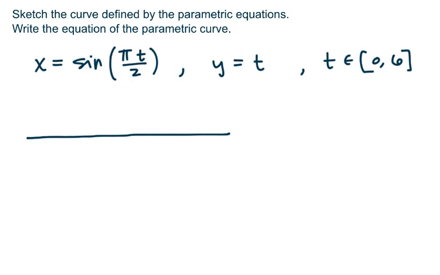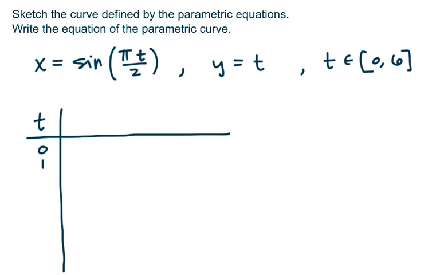Okay? So in my table, I'm going to list t values. The t is coming from my parameter, and my parameter t goes between 0 and 6. And I can choose as many values as I want between 0 and 6. Choosing more values may help you create a smoother curve, but in this situation, I'm just going to choose integer values.